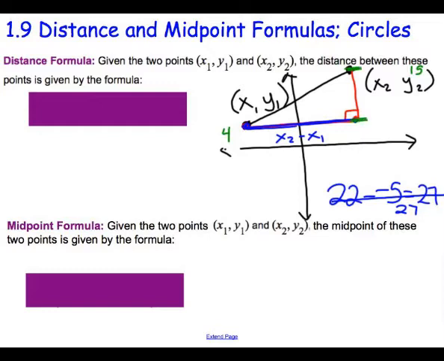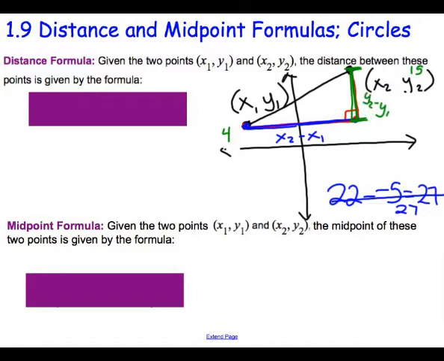So that's a difference of 11, and that's the distance from the bottom of the right triangle to the top. So again, the distance here is going to be y2 minus y1. That's going to work no matter where I draw these points. In general, that will always work.